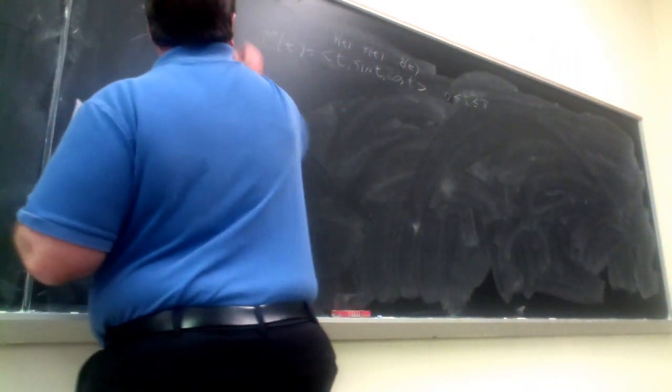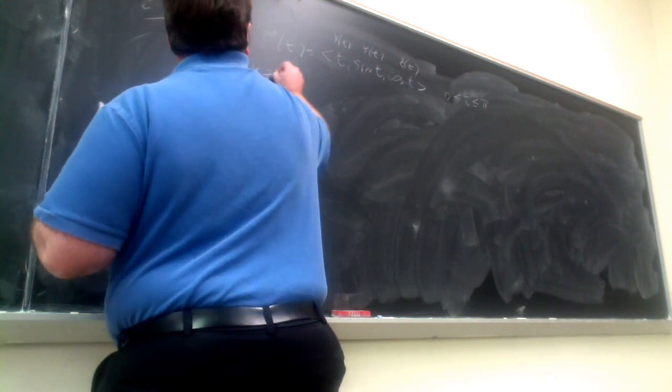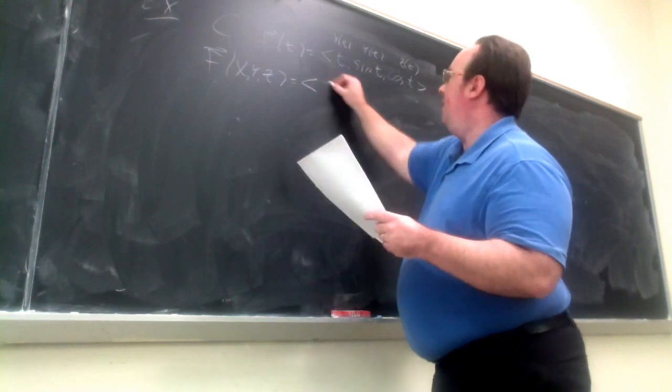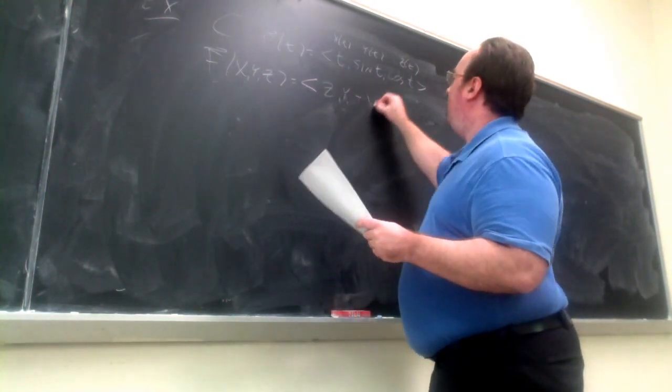Okay. So the line integral we'll evaluate is this: the vector field F of x, y, z is given by z, y, and minus x.